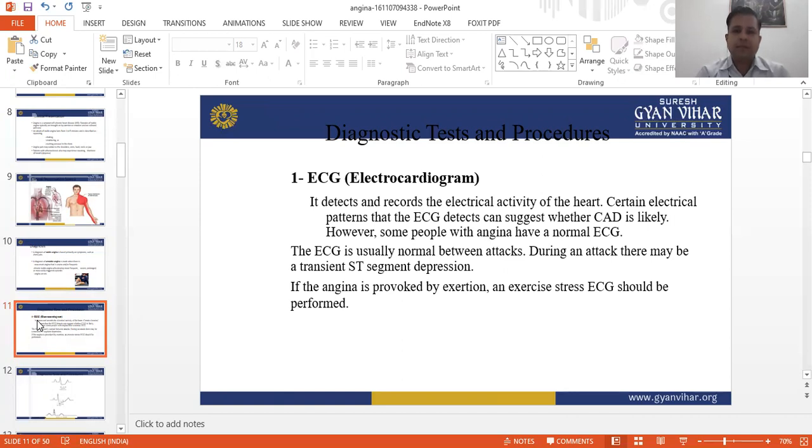However, some people with angina have a normal ECG. The ECG is usually normal between attacks. During an attack, there may be transient ST segment depression. If the angina is provoked by exertion, an exercise stress ECG should be performed.